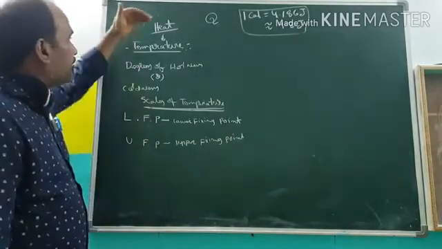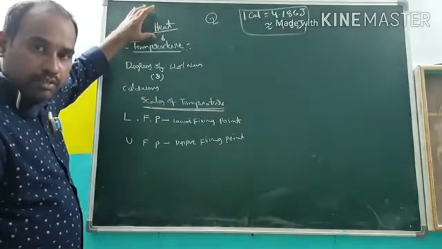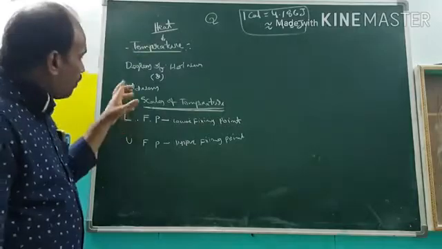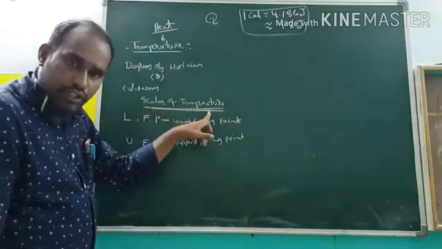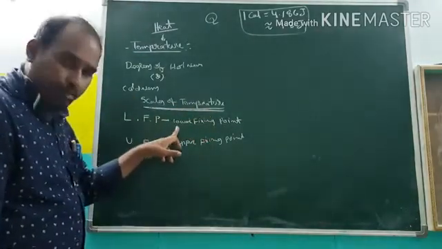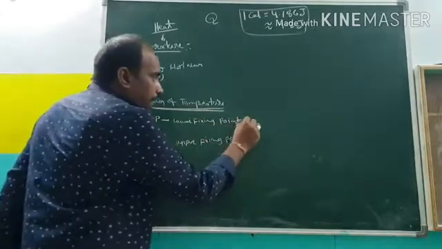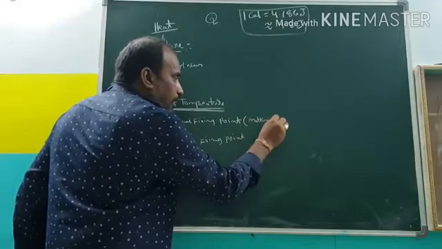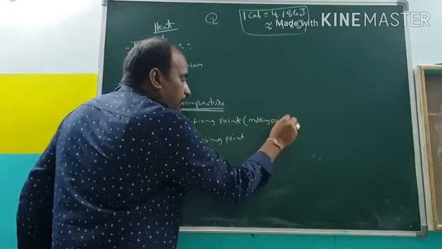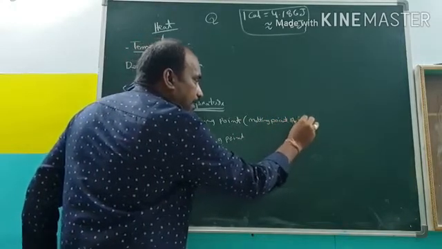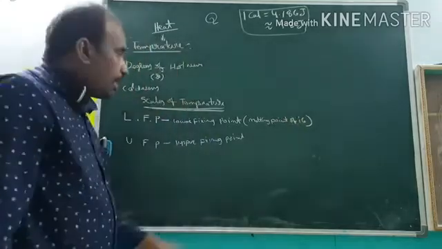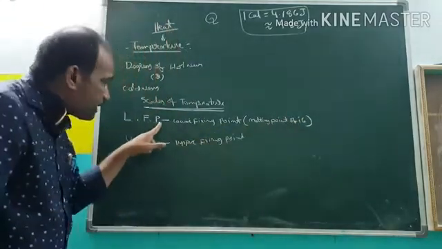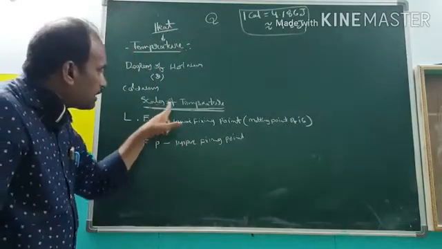In the study of heat, we construct the scale of temperature. For the lower fixing point, they choose the melting point of ice. Remember it. The melting point of ice is chosen as the lower fixing point of the scales of temperature.